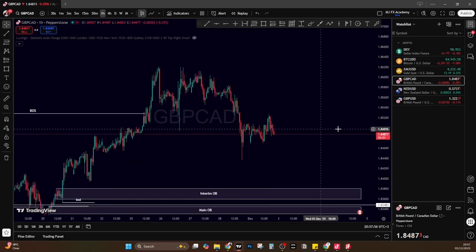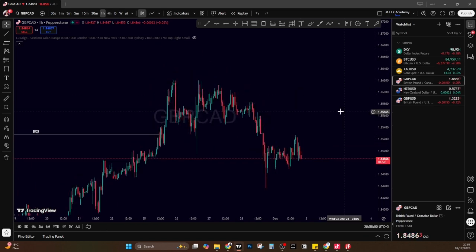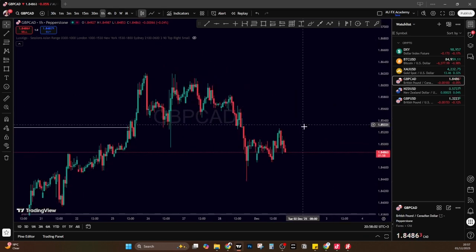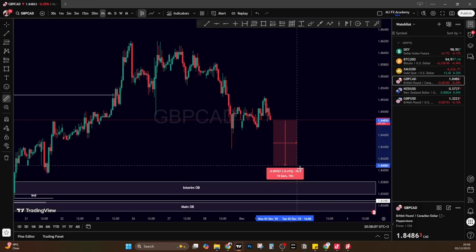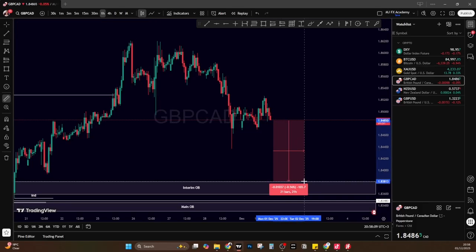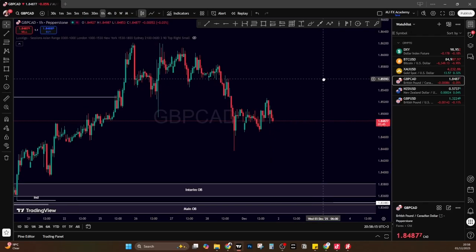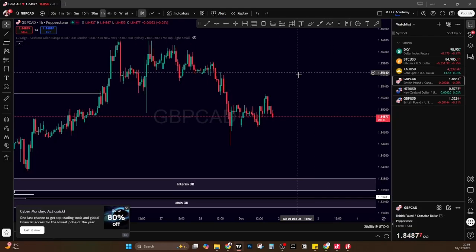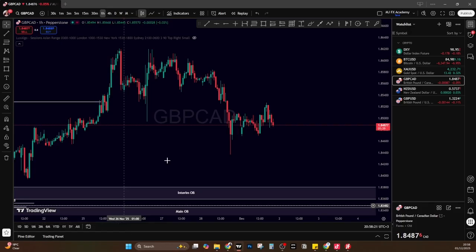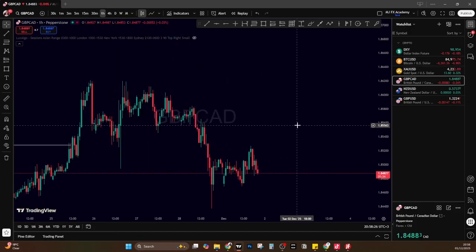Now, let us use order flow and understand how we can be part of this sell, because this is like how many pips now? 103 pips. So if you are impatient like me, you will want to be part of this sell, although trading against the trend is not a good thing.